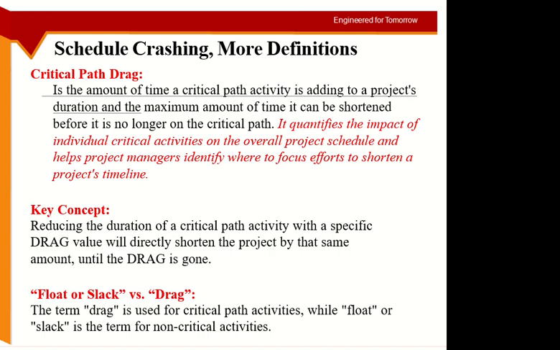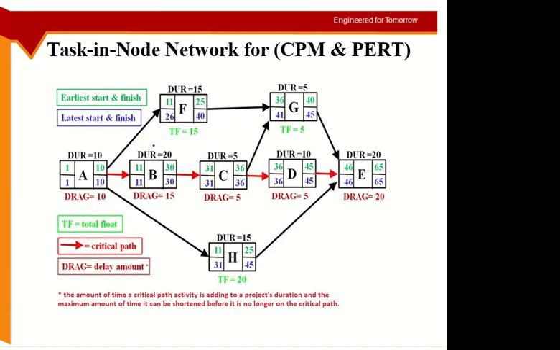So this is what I mentioned. If I reduce activity B from 20 to 16, then I'm reducing activity B by 4 days, so the whole project will be reduced by 4 days. This is the benefit of having an activity reduced on the critical path.